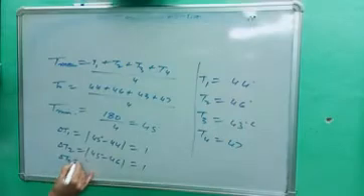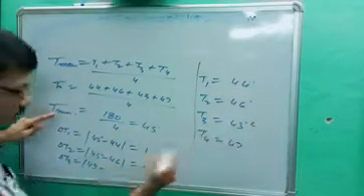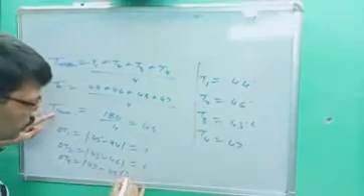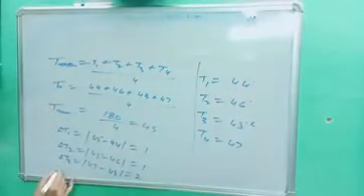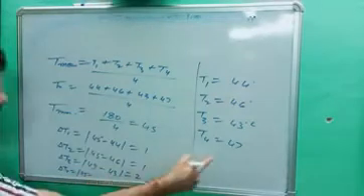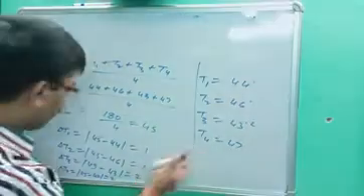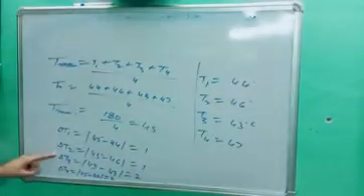Del T3 is equal to T mean 45 minus T3. T3 is 43 degrees, so you will get 2 degrees. And del T4 is 45 minus 47, so you will get 2.